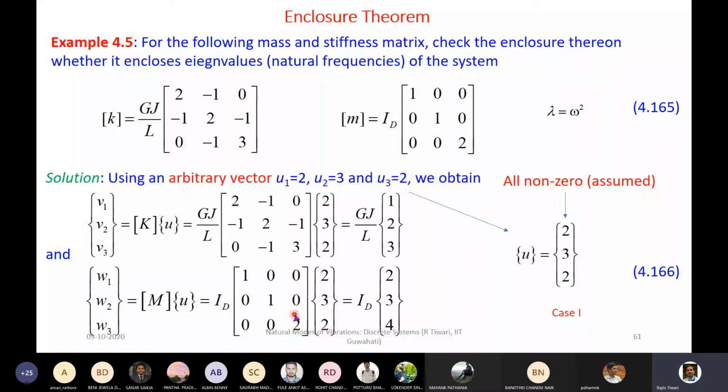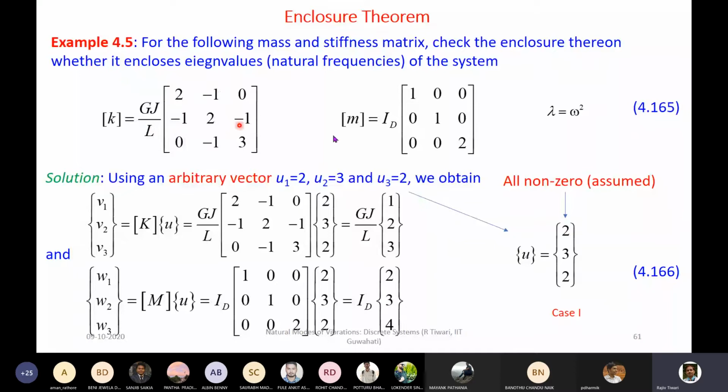Let us see this through one example. We have the K matrix. Because you are now familiar with the system, you are able to obtain the equation of motion. So let us say you obtain the equation of motion, and from that the stiffness matrix is this and the mass matrix is this, where the ID and other things are defined.